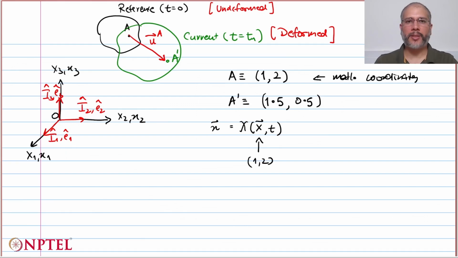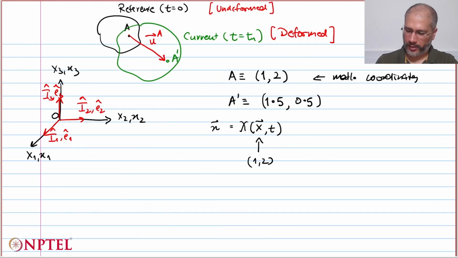Remember, material coordinates are the coordinates of the point at some reference configuration. So this (1, 2) point in space is the point occupied by point A. And since the reference configuration never changes, (1, 2) in the material coordinates is basically referring to the point A at all times.